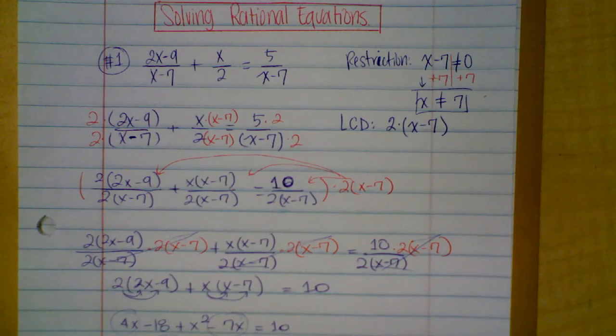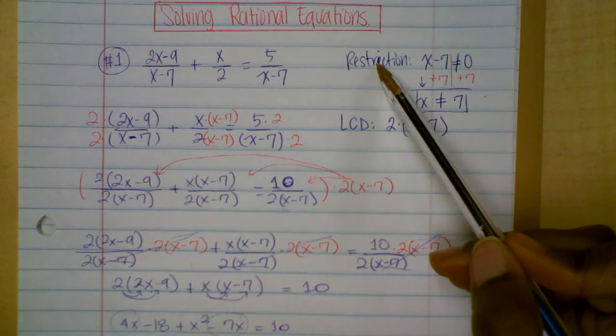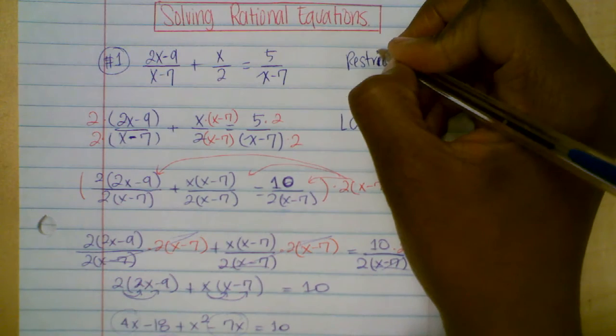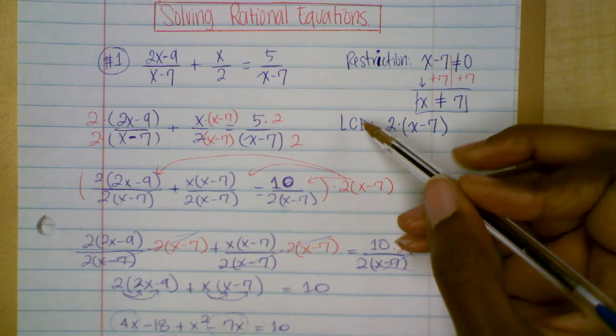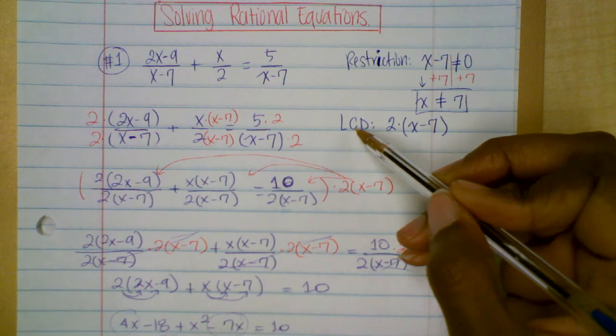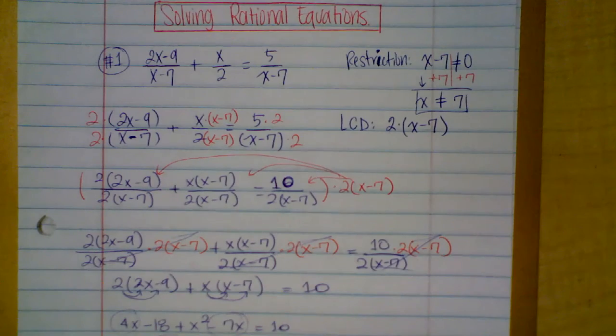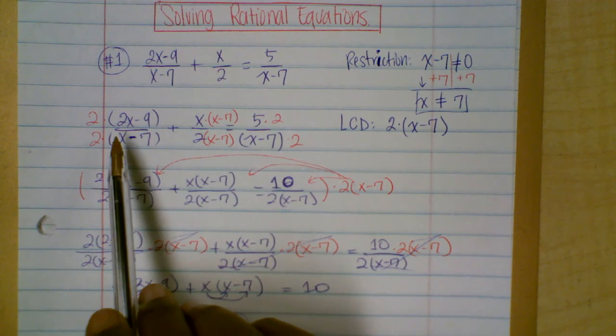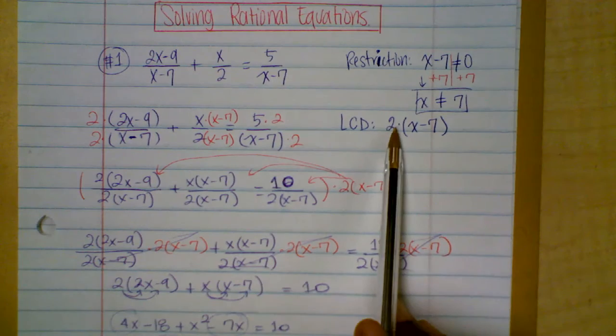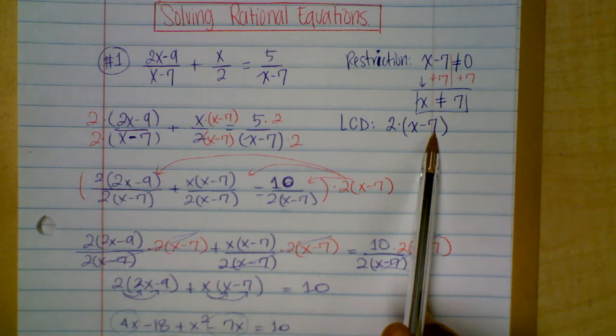After identifying the restriction, you found the LCD, the least common denominator. How do we find it? Just take the two different denominators and multiply them together, and you end up with 2 times x minus 7.